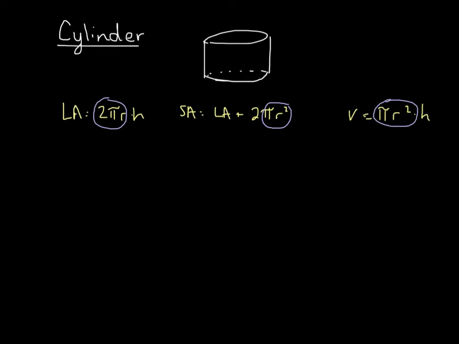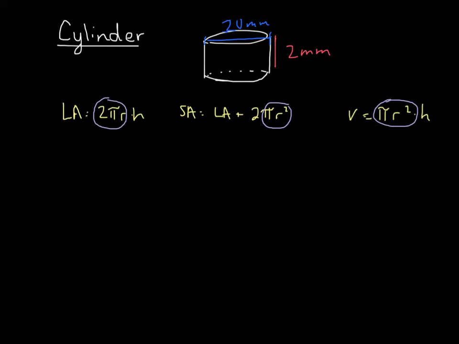So let's grab what we know about our cylinder, and in this example we're given that the diameter is 20 millimeters. So I'm going to attempt to put that on here. And then the height is 2 millimeters.